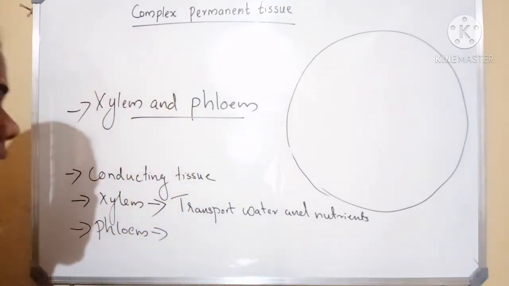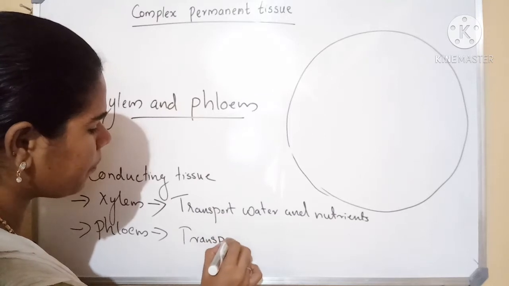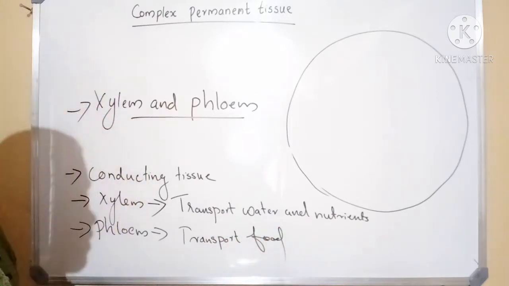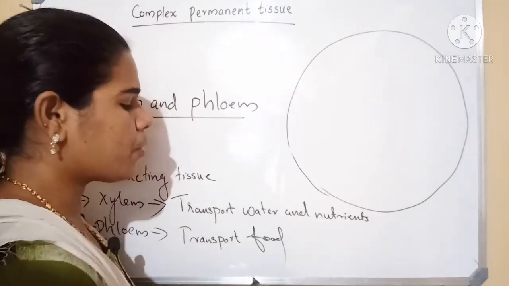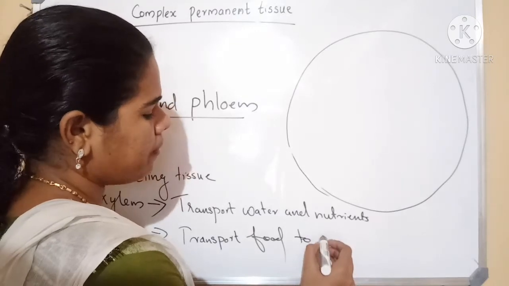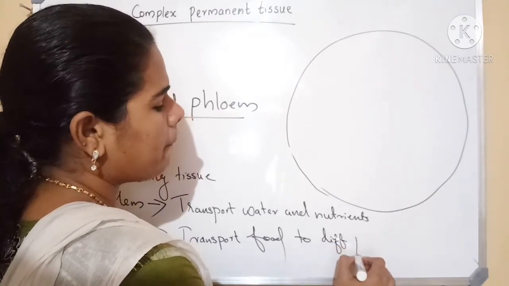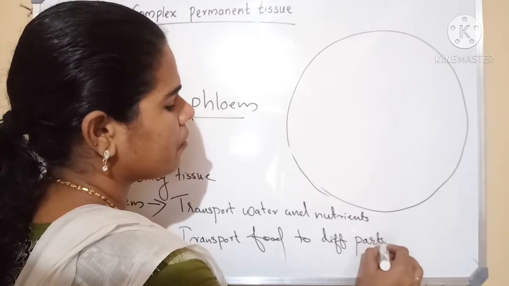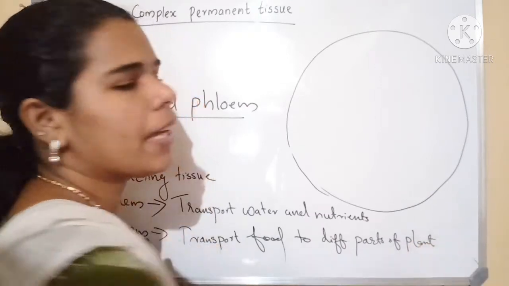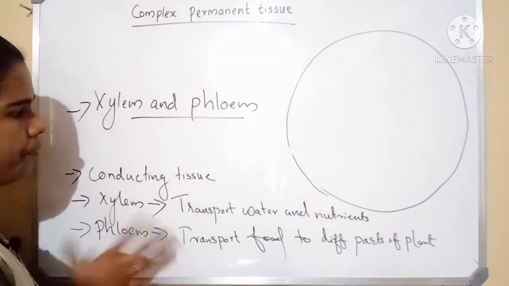To transport food and nutrients, or food to different parts of the plant. So these are the two main functions.